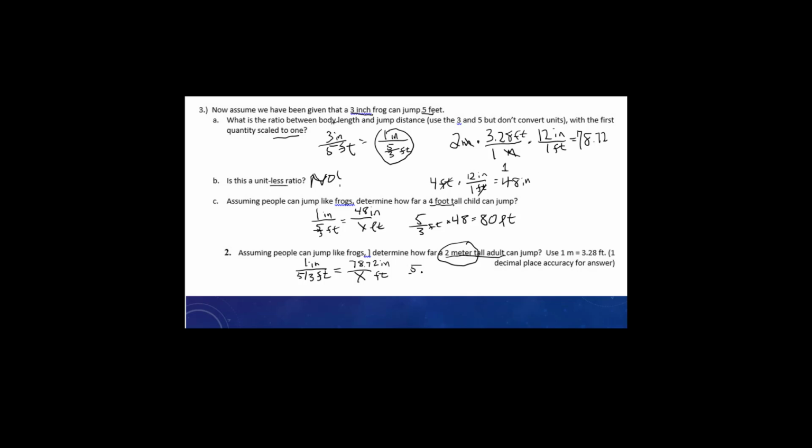So I get 5/3 times 78.72, and you should get 131.2 feet. That's if it could jump the same as a frog.